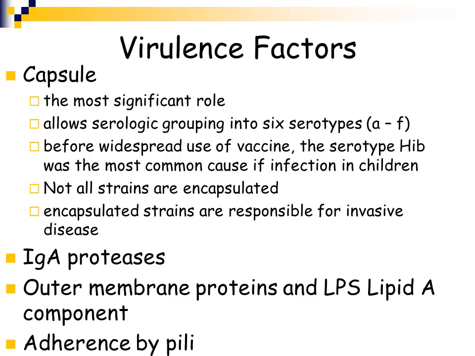And of course, since Haemophilus influenzae is a pathogen, it has virulence factors, and the most significant virulence factor is its ability to produce a capsule. And like what we talked about with Neisseria in a previous lecture, the capsule allows Haemophilus influenzae to be subtyped into 6 serotypes, A through F. Haemophilus influenzae serotype B was the most common cause of infection, especially in children.